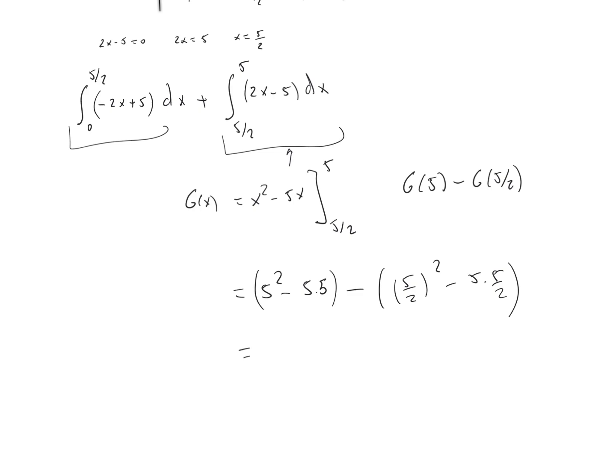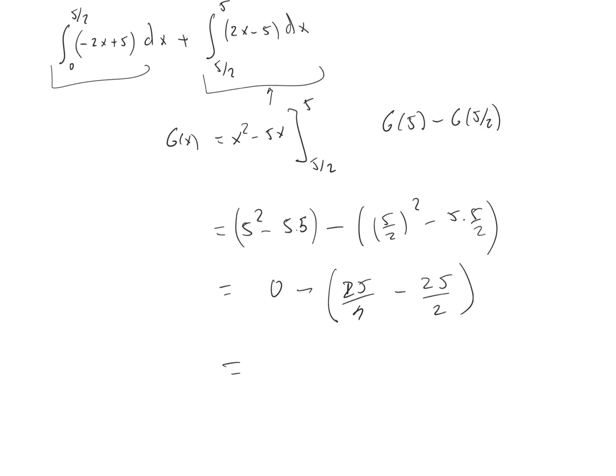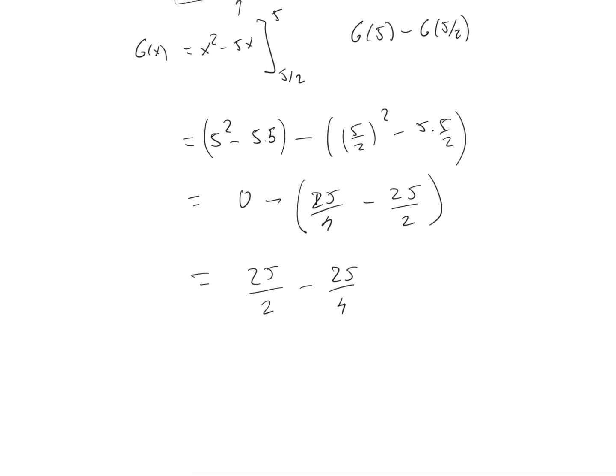5 squared is 25. 25 minus 25 is 0. 0 minus, wow, 5 divided by 2 squared is 25 divided by 4, minus 25 divided by 2, which is equal to 25 divided by 2 minus 25 divided by 4, which is equal to 50 divided by 4 minus 25 divided by 4, which is equal to 25 divided by 4.